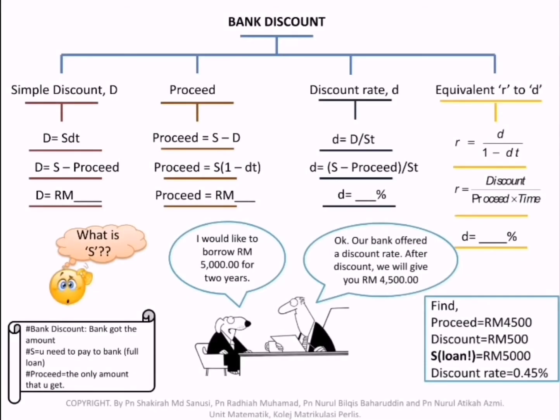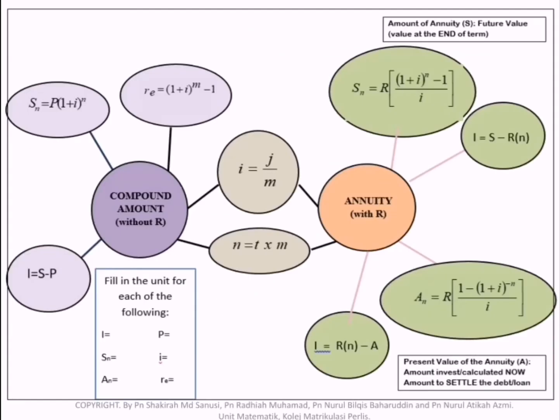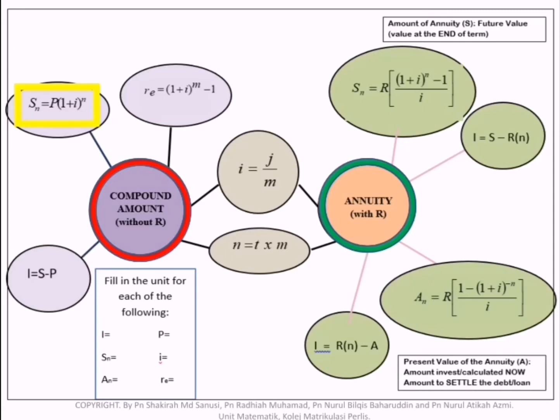Okay guys, now we are going to learn one of the biggest parts of this chapter, which is compound amount. Compound amount, you can split into two parts, which is without R and with R. Why did I say without R? What is R? R is the periodic payment, for certain times. For the question that didn't have R, it's automatic: you are going to use the formula S equal to P bracket 1 plus i power of n.